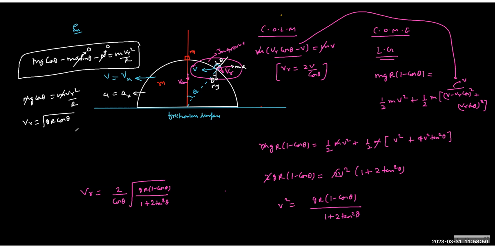So we have question 1, we have question 2, and you can compare. So g r cos theta under root equals 2 by cos theta, g r (1 minus cos theta), 1 plus 2 tan square theta.